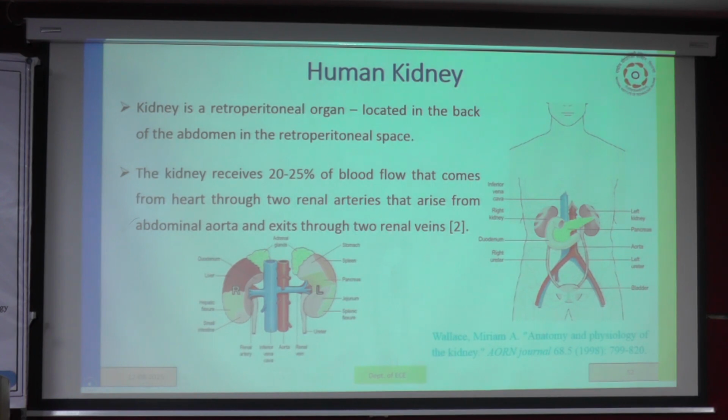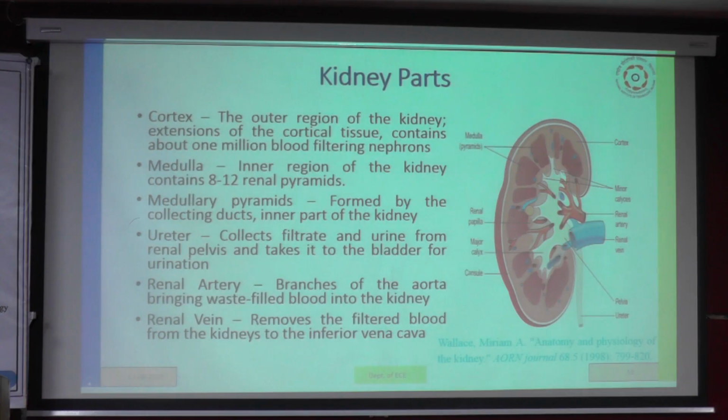The kidney receives 20 to 25% of the blood flow from the heart through two renal arteries that arise from the abdominal aorta, and exits through the two renal veins. So you also have to study some biology, because if you are diving into biological research, then obviously you have to go inside and study these biological things.